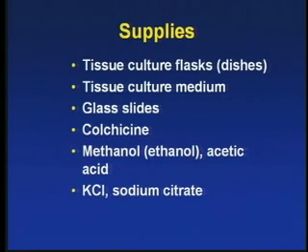And you need some simple chemicals such as methanol, ethanol, and acetic acid to fix the cells so that later on you can spread the cells and release their chromosomes on the slide. And you need some salt like potassium chloride or sodium citrate, and basically you use a hypotonic solution of this salt to swell the cells and make them fragile, so when you drop the cells onto the slide, they can open up and release the chromosomes.